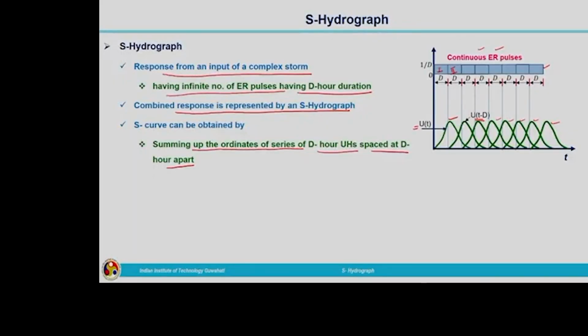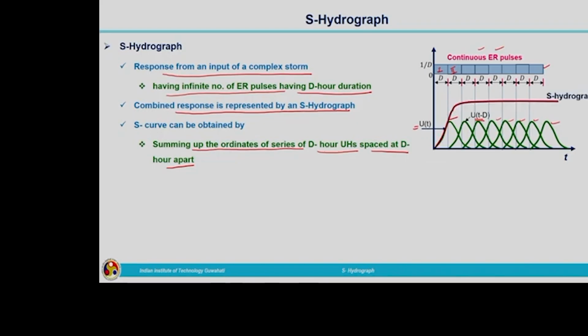Finally, the combined response of the catchment can be represented by the S-Hydrograph. The ordinates of the S-Hydrograph are obtained by summing up the ordinates of a series of dr unit hydrographs. So, it can be plotted like this.